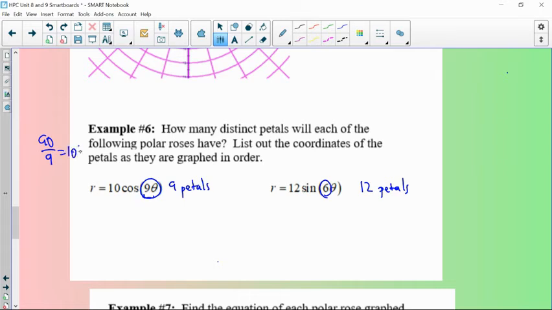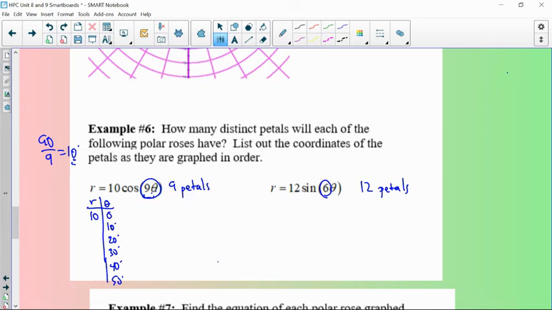So every 10 degrees for this first one, something is going to happen in terms of our cosine graph. So 0, 10 degrees, 20 degrees, 30 degrees, 40 degrees, maybe by 50 degrees, we'll see what's happening. Cosine starts at the greatest amplitude. So cosine of 0 would be 1, and then 1 times 10 is 10.